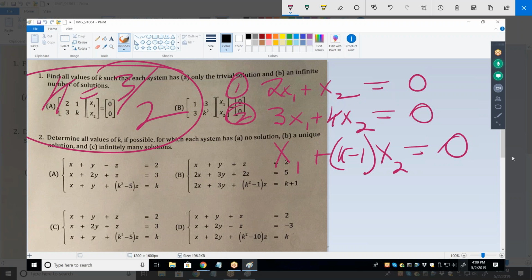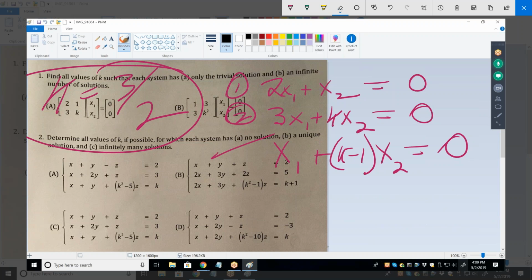The trivial solution. Is the trivial solution when all the constants are equal to 0? Here's what I thought was the case: that as long as k is not equal to 3/2, in other words, if k is any number but 3/2, you have a real solution because now you can solve that. Let's extend this thinking.